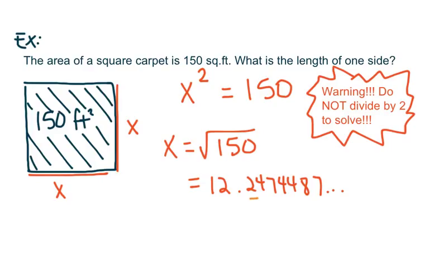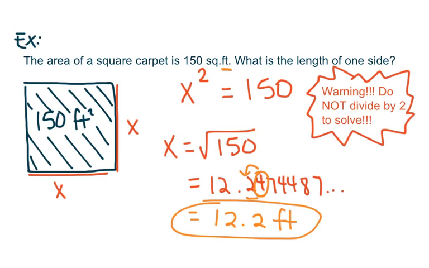Which is where the 2 is, I'm going to look right next door. Since that number is less than 5, the 2 stays the same. So we get approximately 12.2, and then the correct label is feet. So it's approximately 12.2 feet on each side.